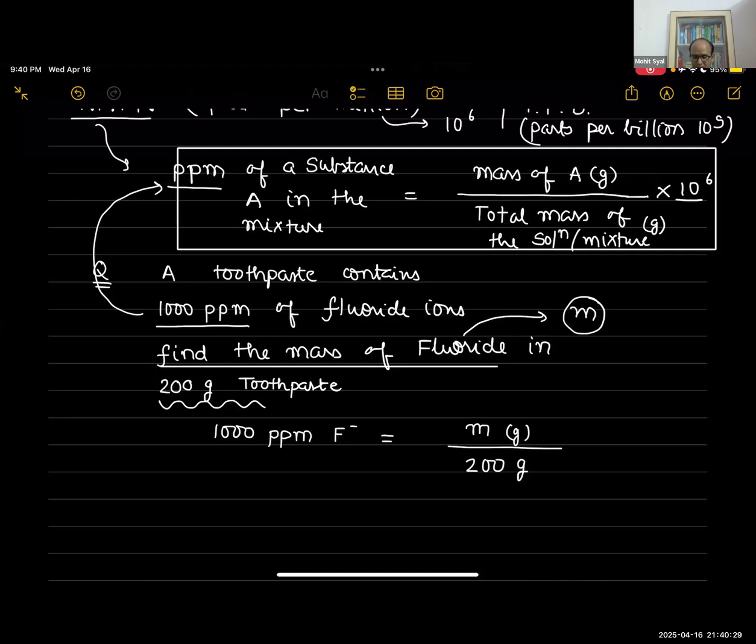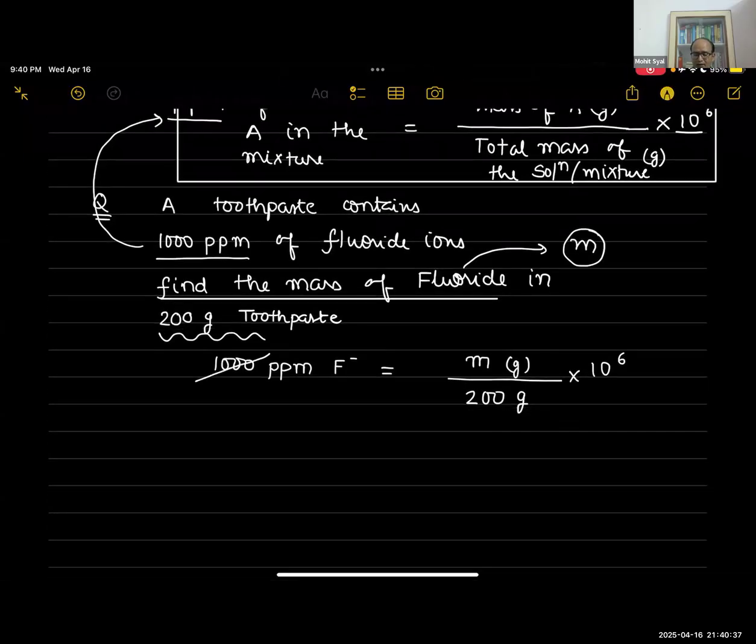Because it is parts per million, you need to multiply it by 10 to the power 6. So the zeros will cancel. You are going to get m equal to 2 divided by 10. m is the mass of fluoride.